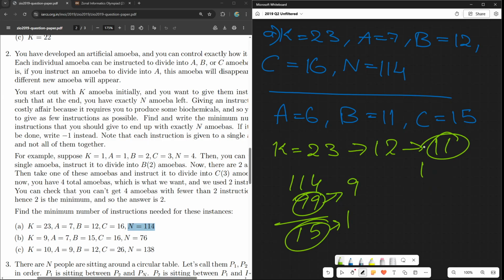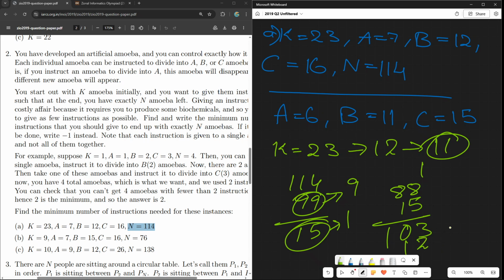Since we are ending up with 11, why don't we subtract? Why don't we take 88? If we take 88, we'll end up with 12. 88 plus 15 is, what is this? But we are ending up with 12.